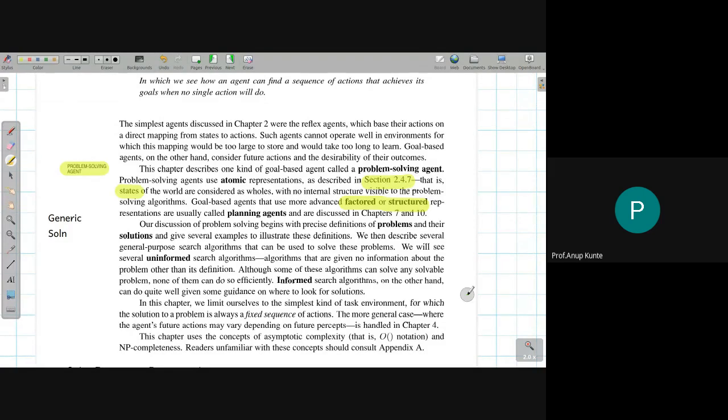This section says that the representation of the environment can be done in three different ways. One is atomic representation, another is factored representation, and the third one, I'm not remembering, but there is one more representation. We are not bothered about learning them because that's not in our syllabus, but you should know what you mean by atomic representation. Means what?